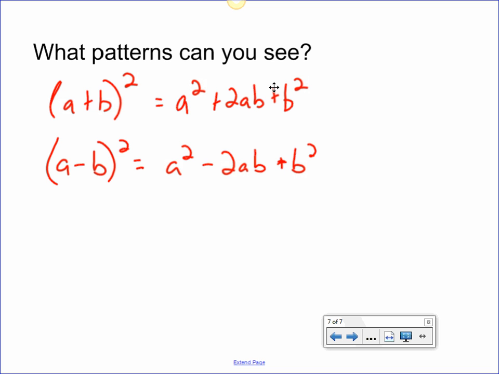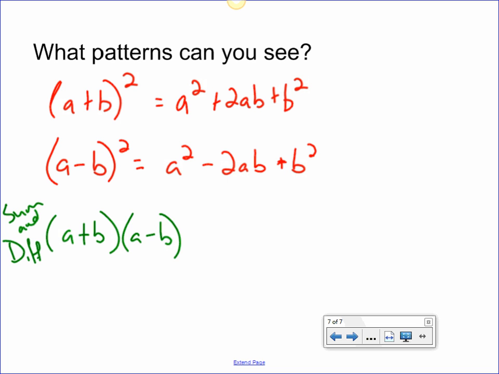Okay, and then hopefully we can also see that if I had an a plus b times an a minus b, this would be the sum and a difference that we're talking about. Here, hopefully we could see that I got the a term squared always minus the b term squared.